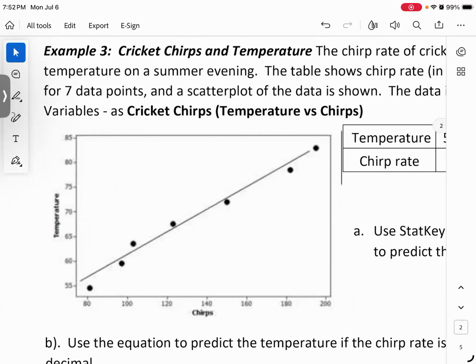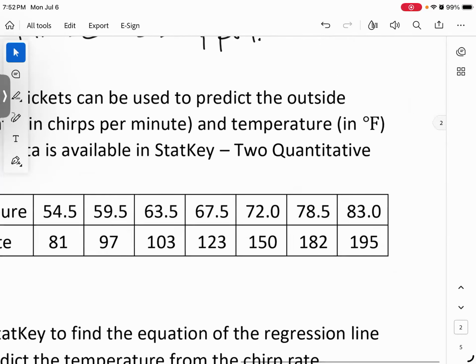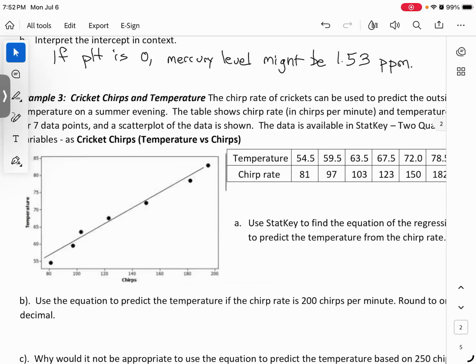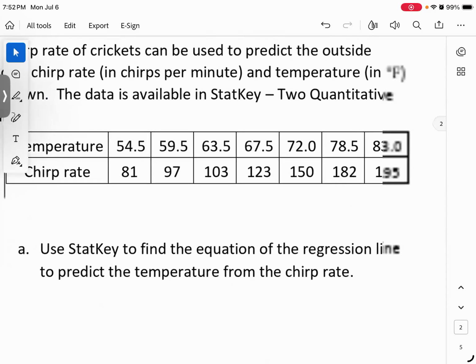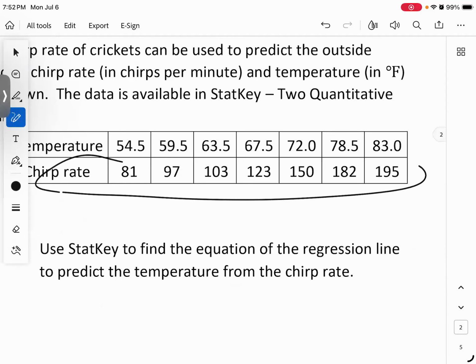Let's go to StatKey, and specifically, we're going to go here to the two quantitative variables and find this study that's about cricket chirps. This is the actual data. Whenever they were recording how fast crickets were chirping, it seemed that as the crickets were chirping at a faster and faster rate, look what was happening to the temperature.